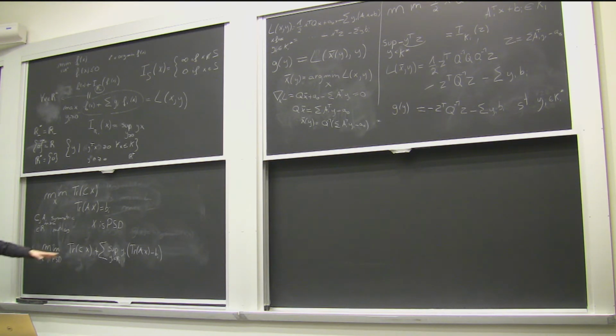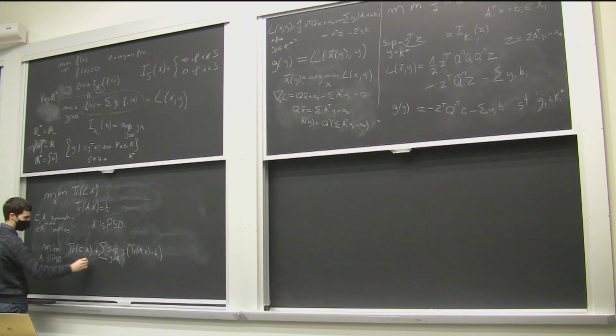Okay, so this is the Lagrangian. And now we want to find what the dual is. What we do is that we want to eliminate x from this expression. Usually you rearrange to put all the x at the same place.